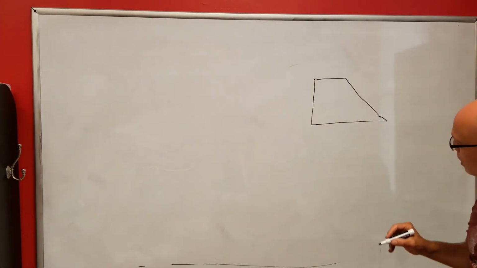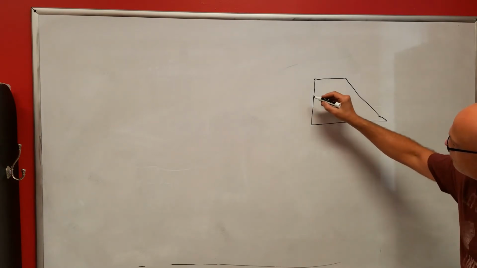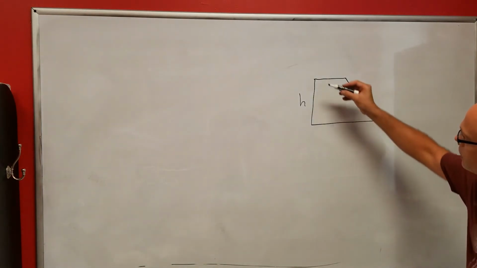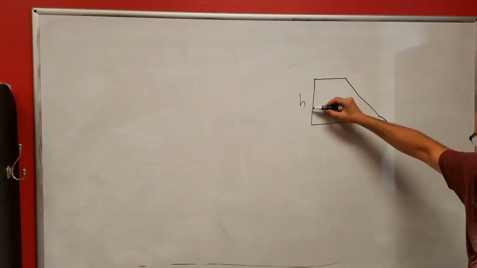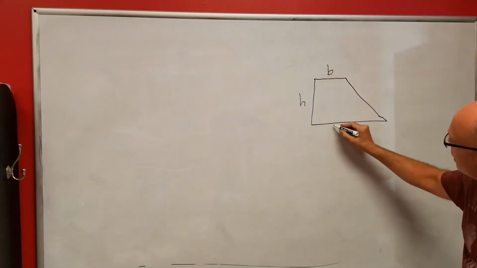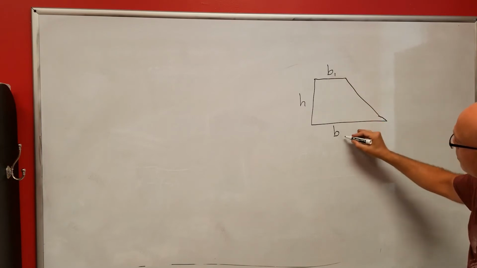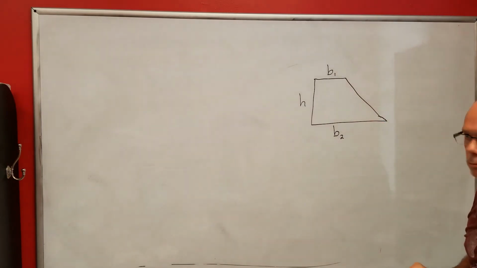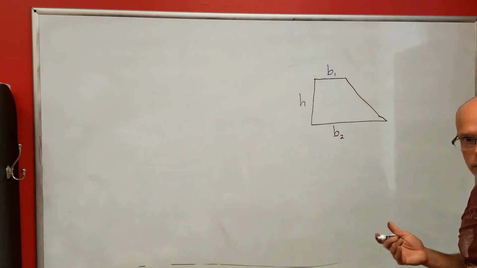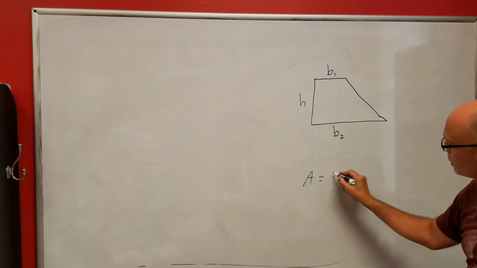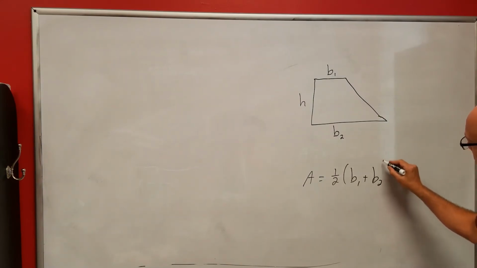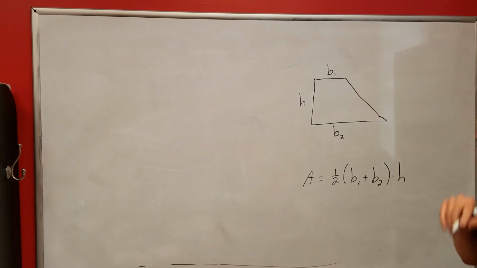And they said that this was the height of this trapezoid. So the height is this side right here that's not parallel to the other side. And they called this a base and this a base, base 1 and base 2. So your bases are the two opposite sides that are parallel to each other. But your area of a trapezoid was 1/2 times open parenthesis base 1 plus base 2 times height.